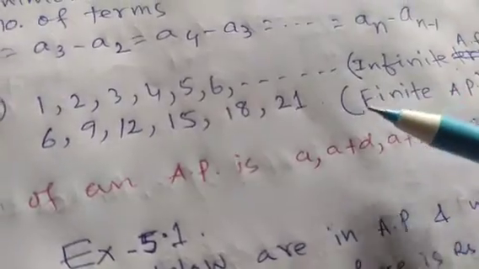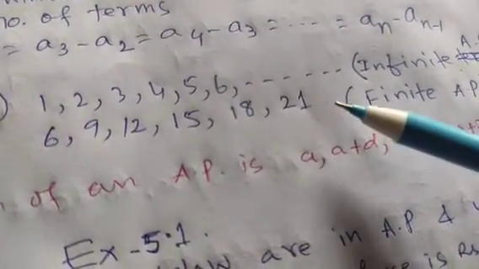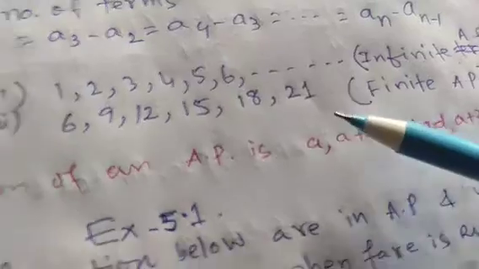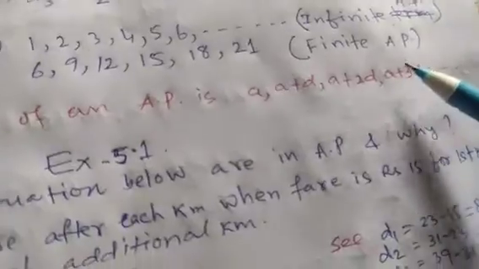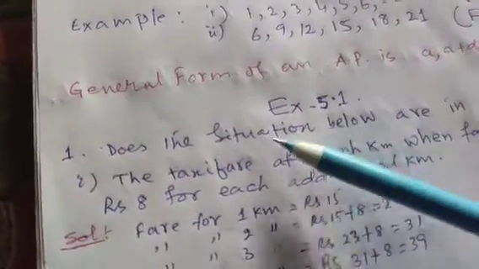This is finite and this is closed one, so we are not going up to infinity, so it is a finite AP. Now the general form of an AP, you have to remember this: A, A plus D, A plus 2D, A plus 3D. Now we are going to Exercise 5.1.